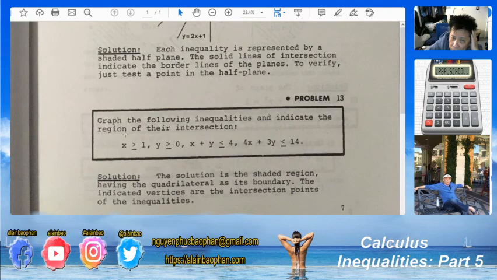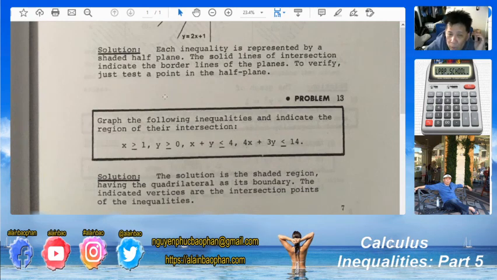This straight line, y equal 0, divides the plane into two parts, the upper part and the lower part. The upper part is always greater than or equal 0. The lower part is the negative part, it's always less than 0.